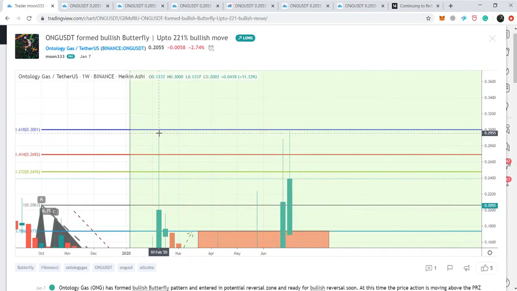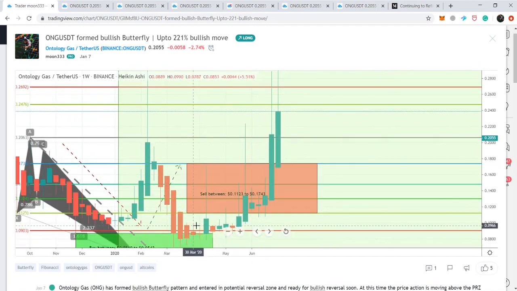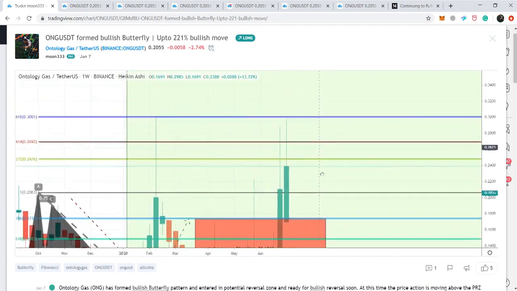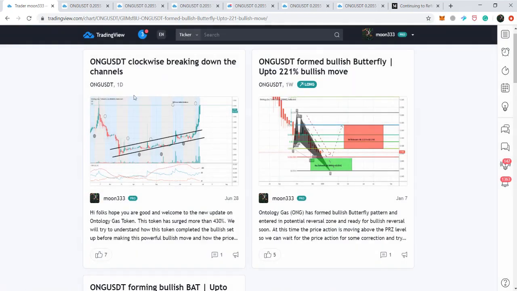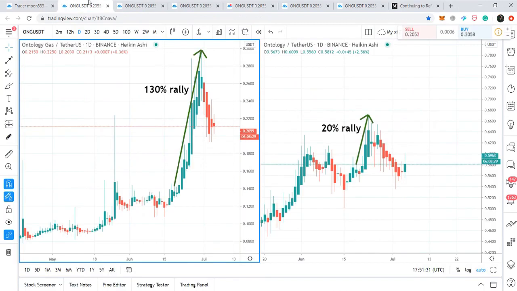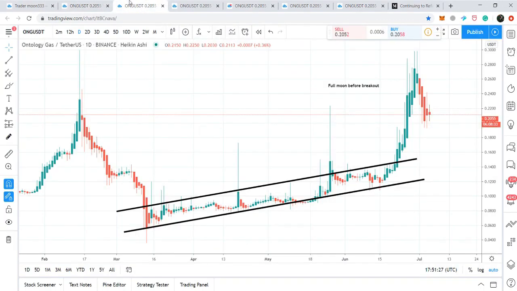So it produced more than a 188% rally. At that time, Ontology Gas produced more than Ontology as well. And again it dropped into the potential reversal zone and again moved up to 29.85 cents.